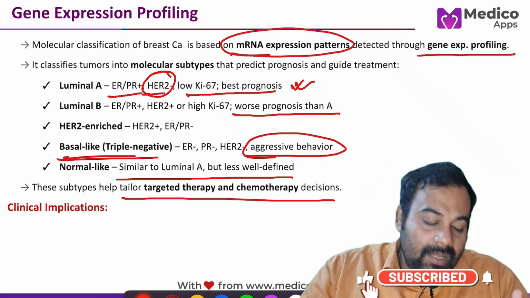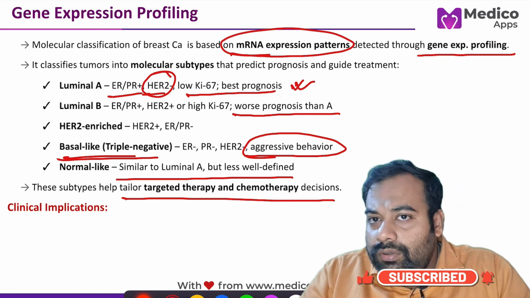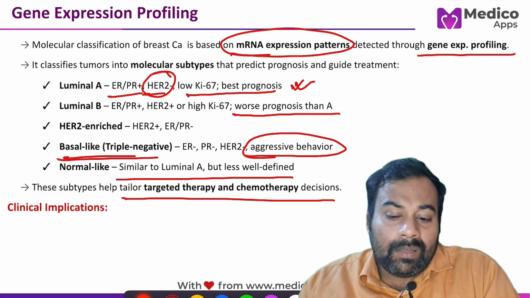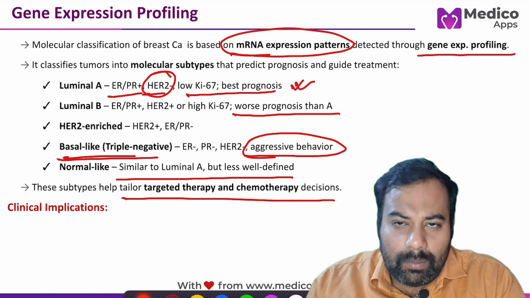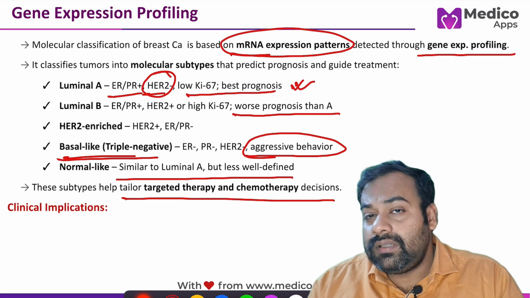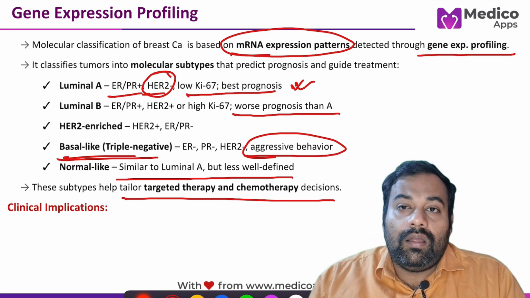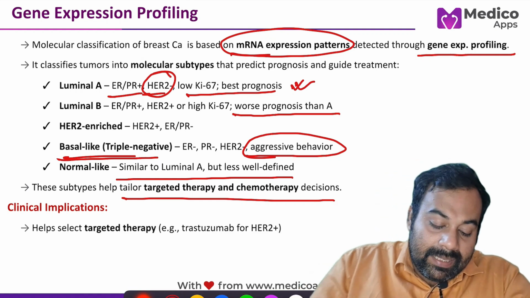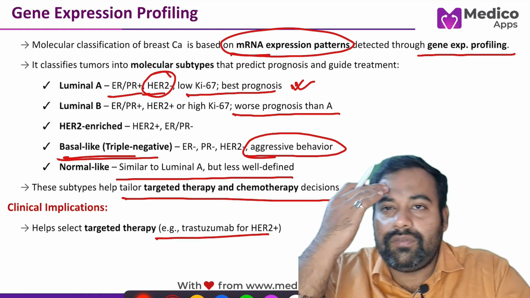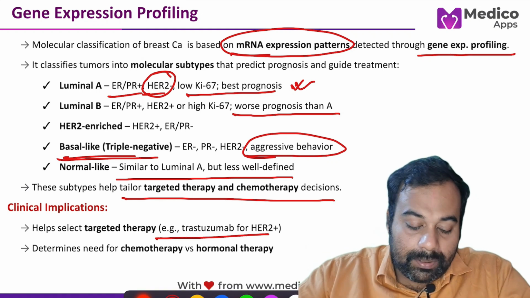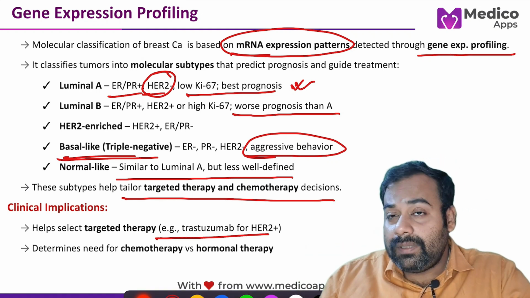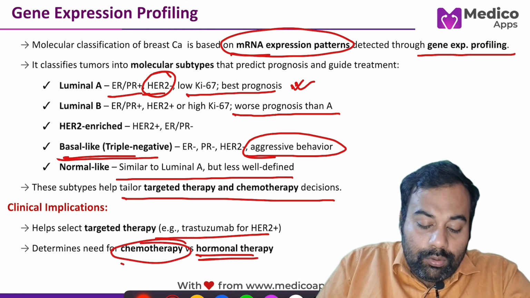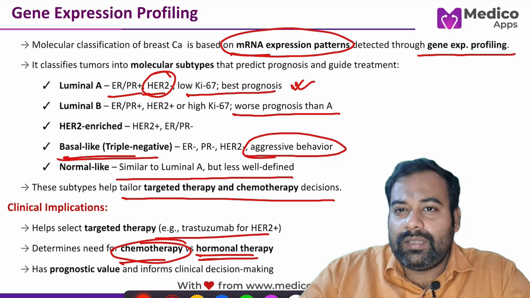These are the major clinical implications of receptor positivity and gene expression profiling, which help us improve the mortality and morbidity of the patient. Trastuzumab or Herceptin for the HER2/neu positive patient, and it also helps us determine whether we should go for hormone therapy and in some cases chemotherapy as well, right? So there is a prognosis.